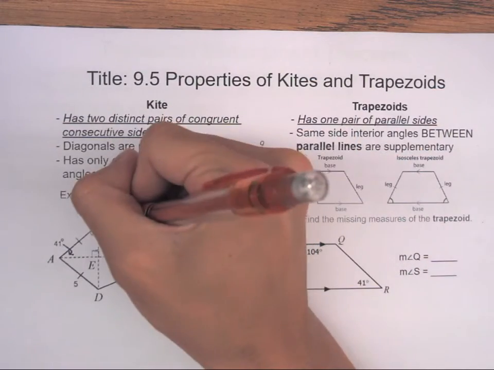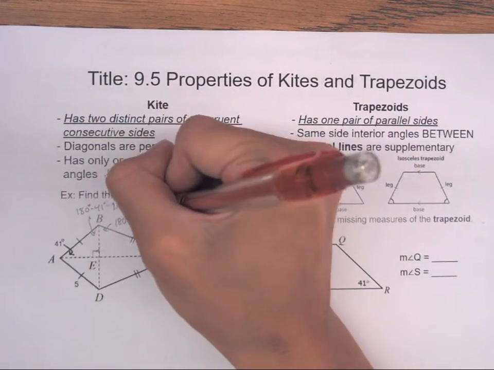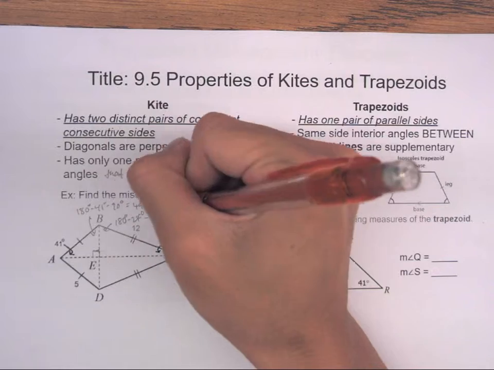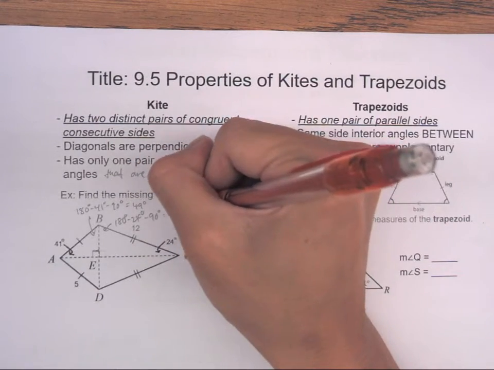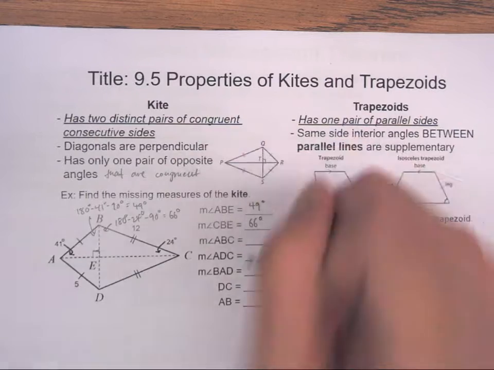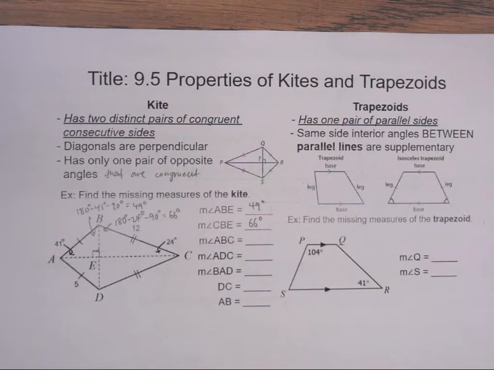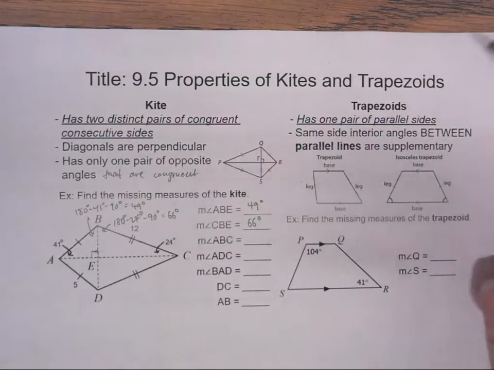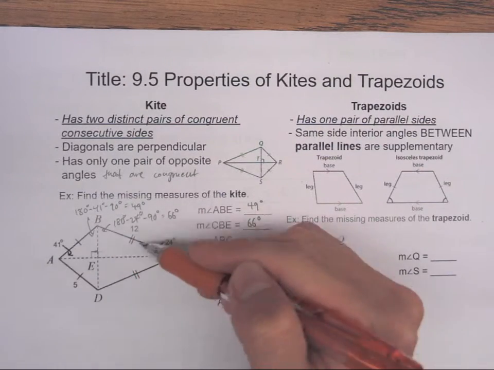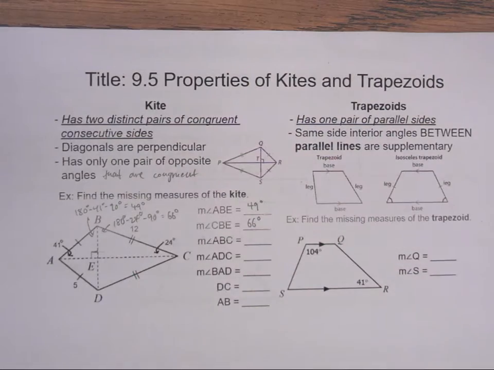You could do 180 minus 24 minus 90, and that should give you 66. So the measure of angle CBE is 66 degrees. Again, you could just go 90 minus 24, which is 66. But mainly, it's the sum of the angles in the triangle that add up to 180, and you just subtract all the other angle measures that you already know.